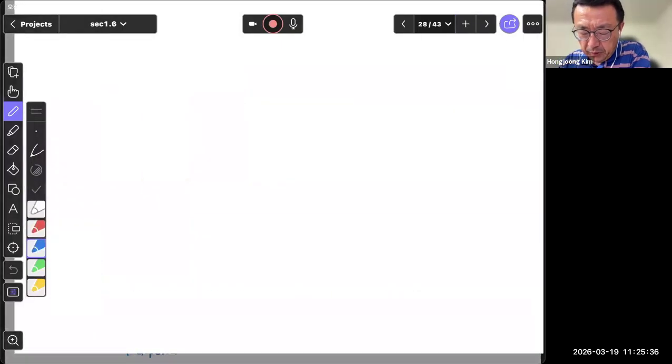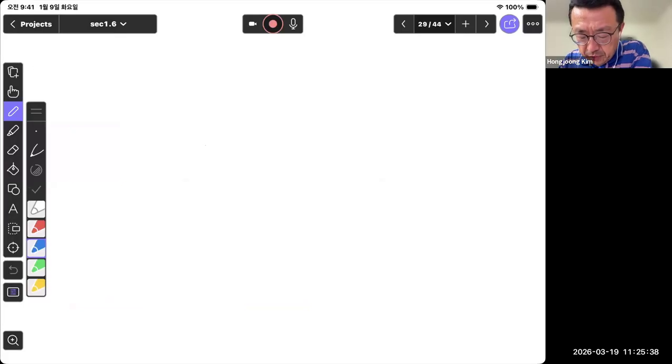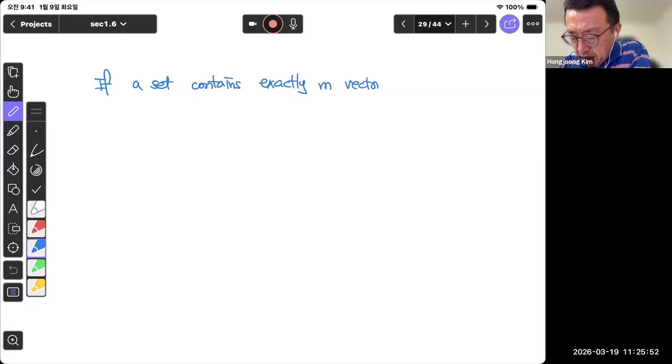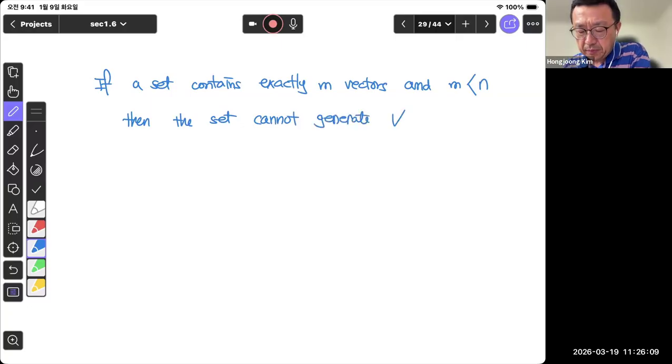Okay, so if a set contains exactly m vectors, and if m is less than n, then the set cannot generate V space.